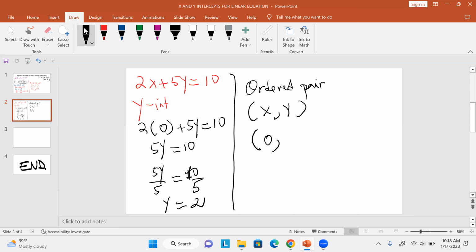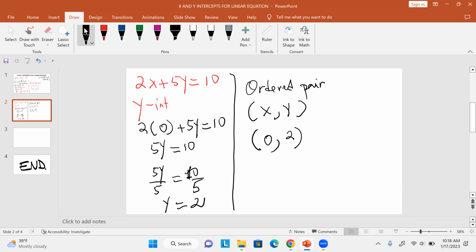Every time they ask you to find the y-intercept, the x is 0. And the y value is the value you found for y. So we have it here, 2. And you have to understand that the y-intercept is where the graph crosses the y-axis. And any point on the y-axis has x value 0.